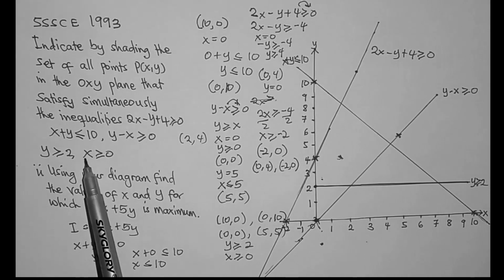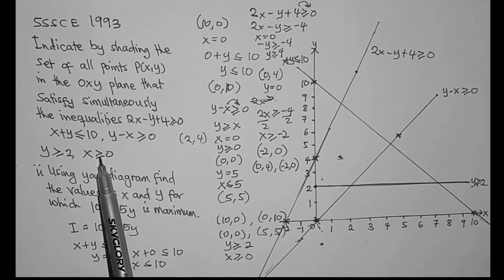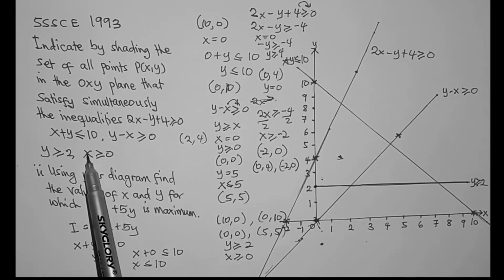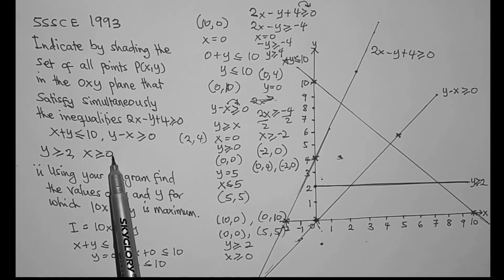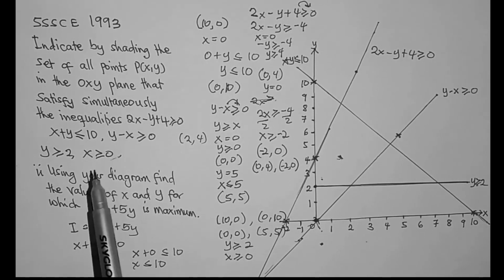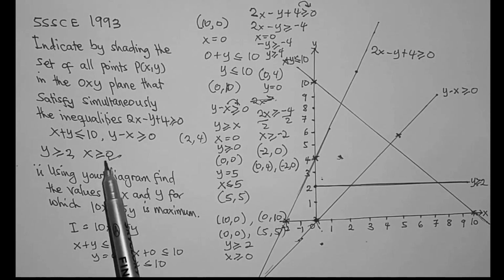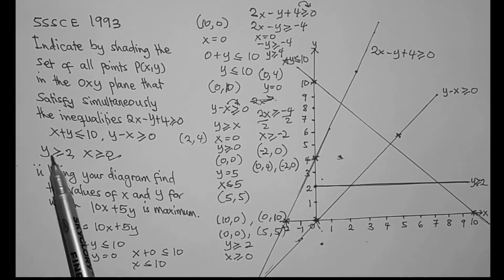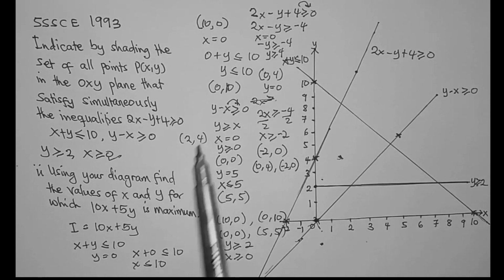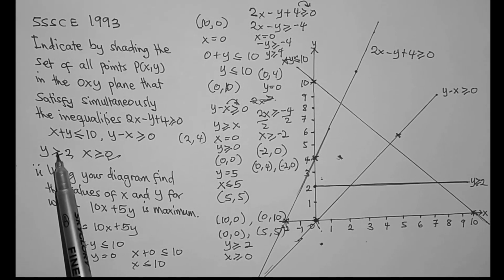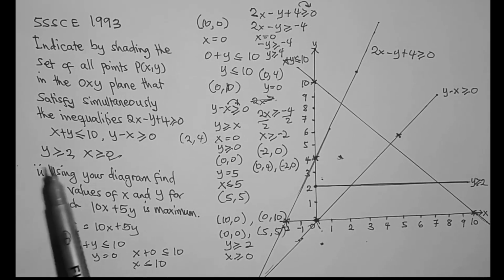So x is greater or equal to 0, and then x is 2. So 2 is greater or equal to 0. That is true. So the point passes for this constraint. Then y is greater or equal to 2, and then the value of y is 4. 4 is greater or equal to 2. That is also true.